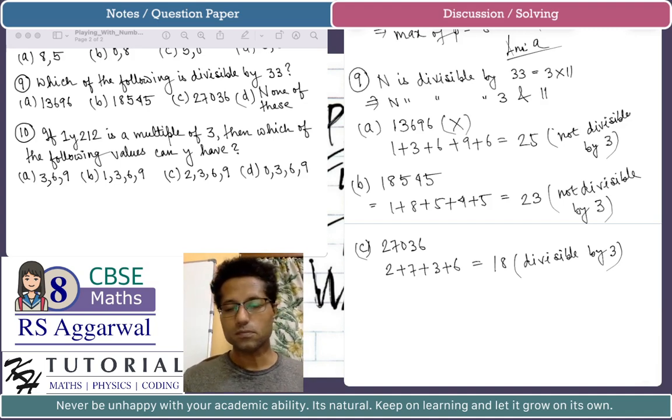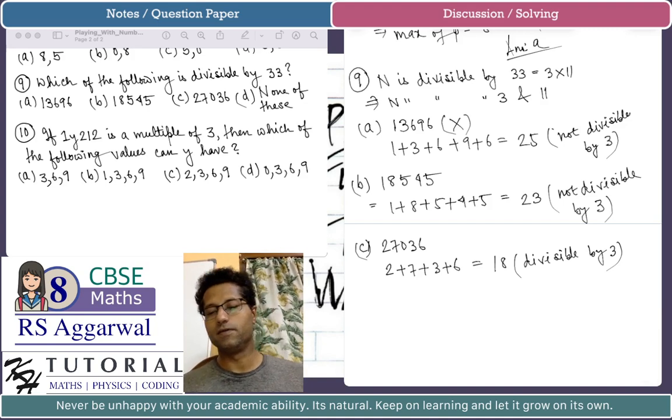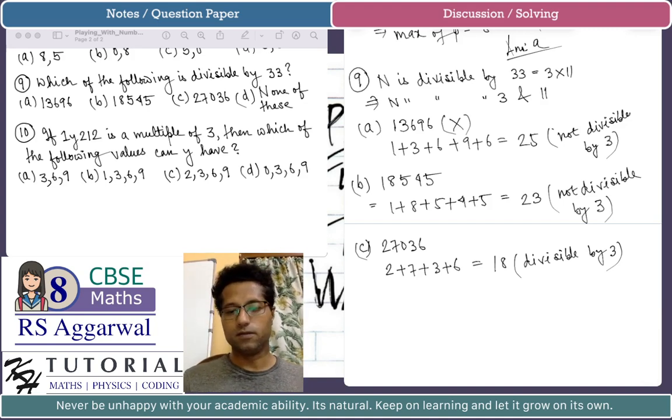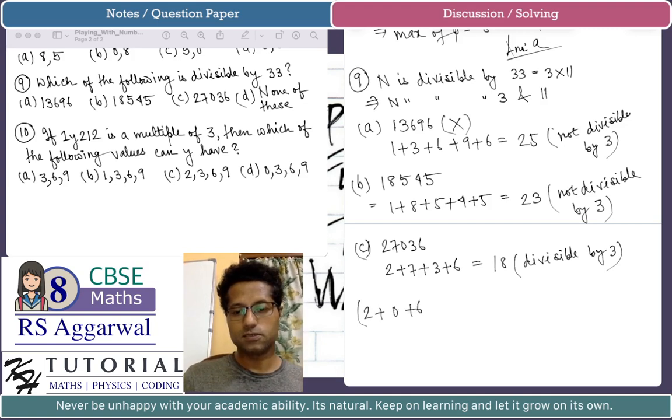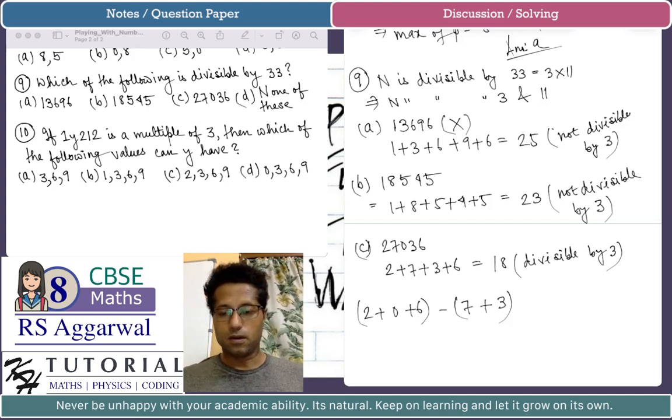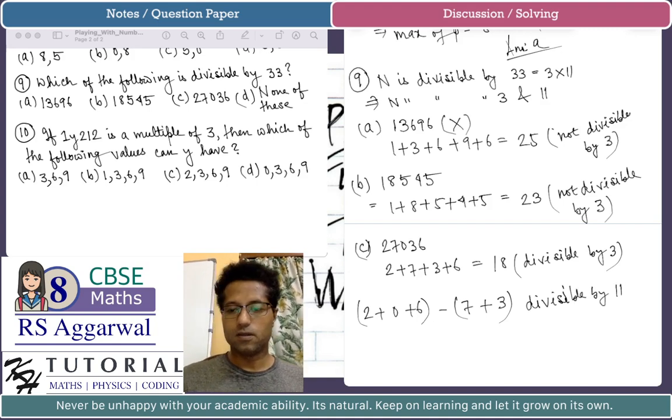Okay. Now to check whether this number is divisible by 11 or not, we have to find the difference of the sum of the digits at odd places and the sum of the digits at even places. So this will be 2 plus 0 plus 6 minus 7 plus 3. This value must be divisible by 11 or equal to 0.